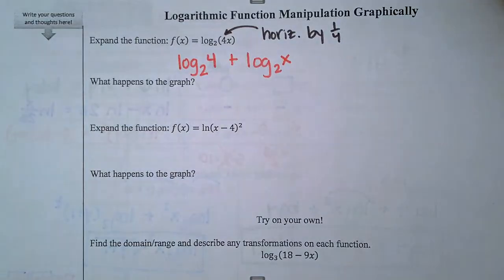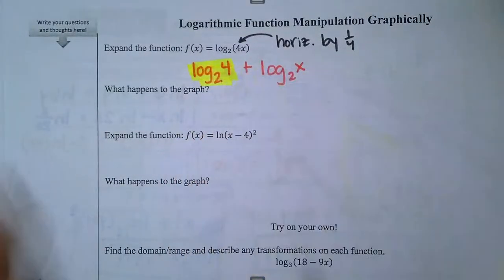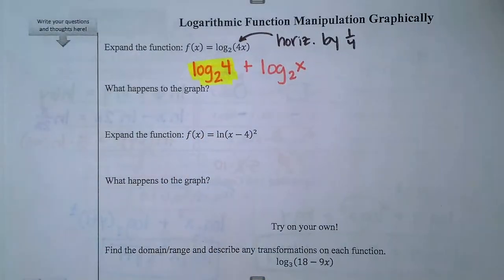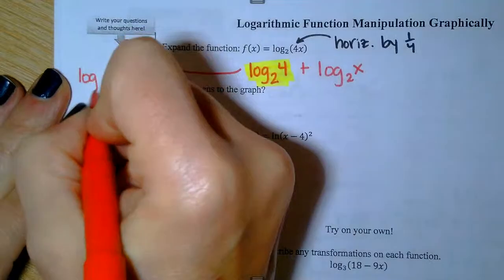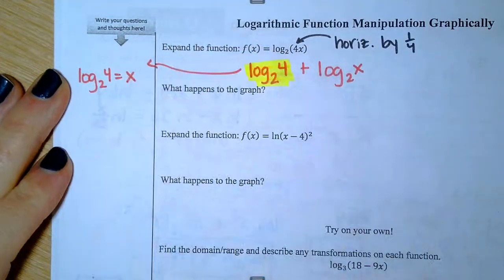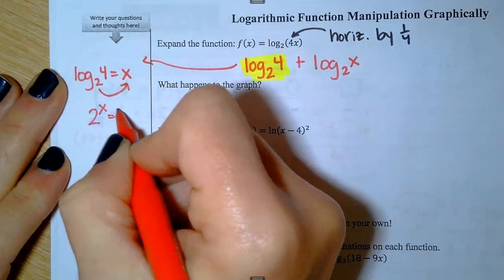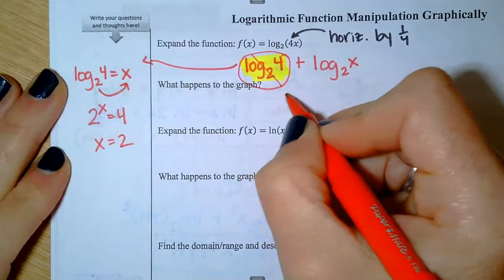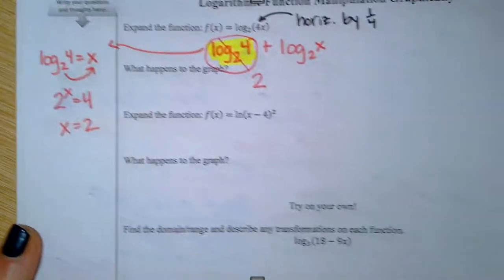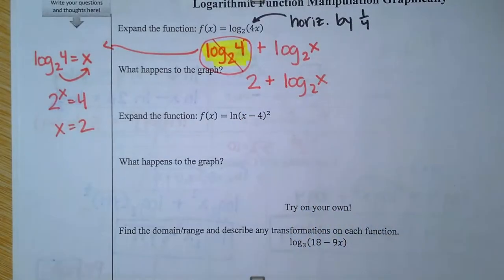Okay? Now, they want you to try and start to see that this is an actual number. Like if I did this over here on the side, like if I had log 2 of 4 and I set it equal to x, and I do my 2 to the power of x equals 4, this whole chunk actually equals 2 plus log 2 of x.